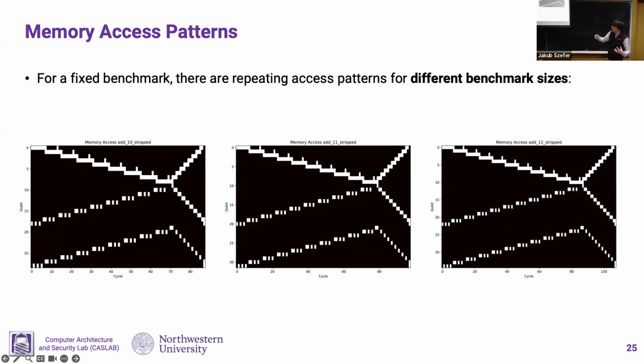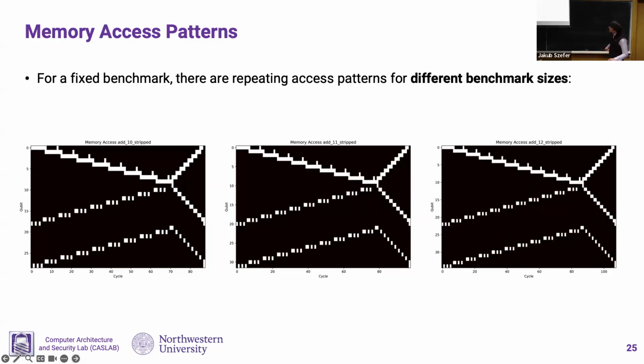The circuit gets bigger and bigger, but there's a repeating pattern. So just by observing which qubits are accessed when, you would get this nice picture of a circuit, and then you could pattern match it to some database of known circuits, and recover what the user is doing.